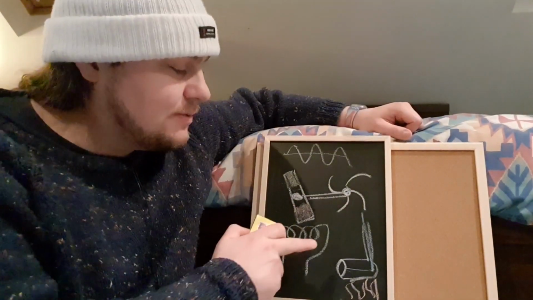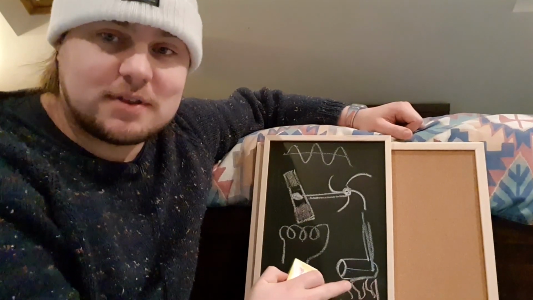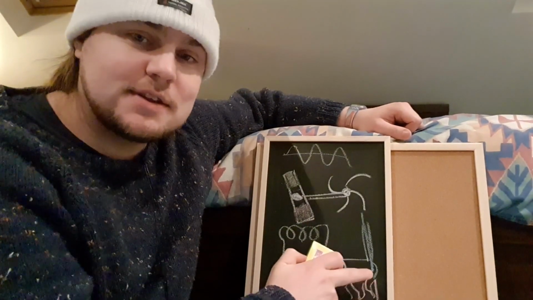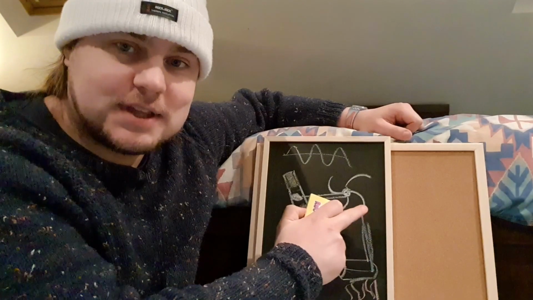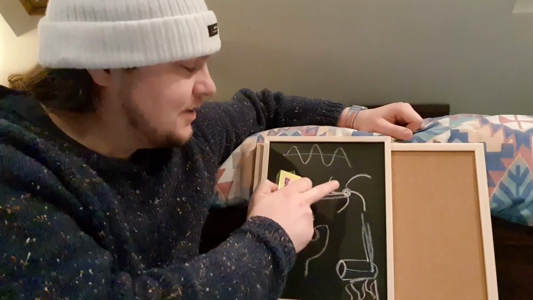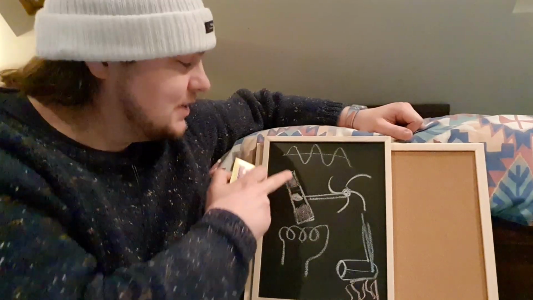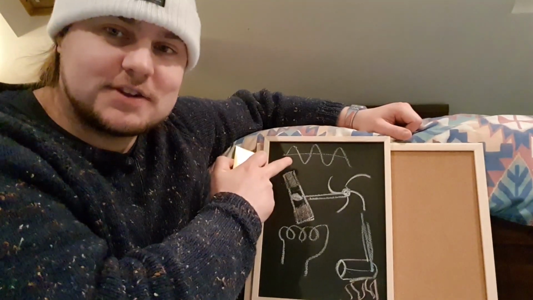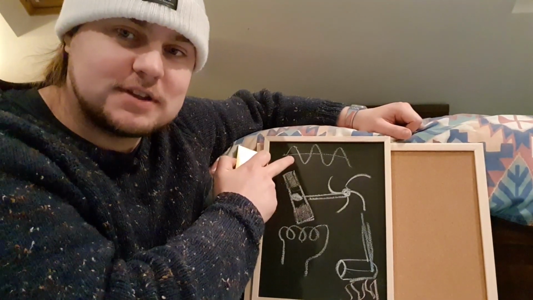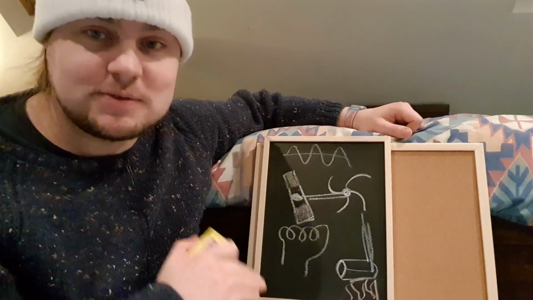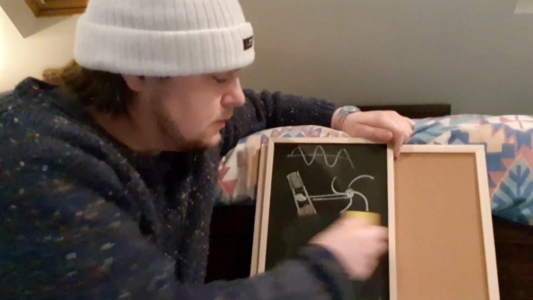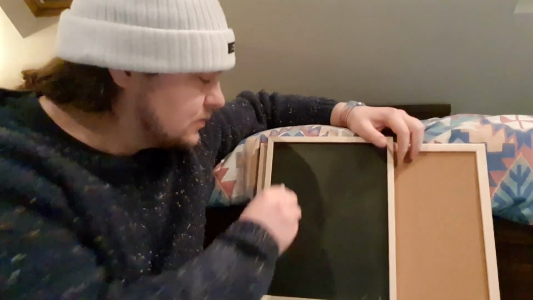So to recap, we're burning something, creating heat, turning water into steam, steam turns a turbine, turbine turns a generator, generator produces AC electricity, alternating current electricity, as opposed to DC electricity, which is direct current. So we're using fossil fuel to create alternating current electricity, which looks like this.